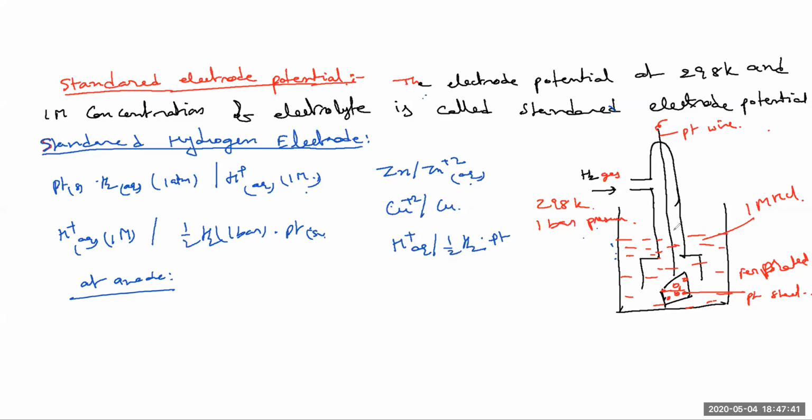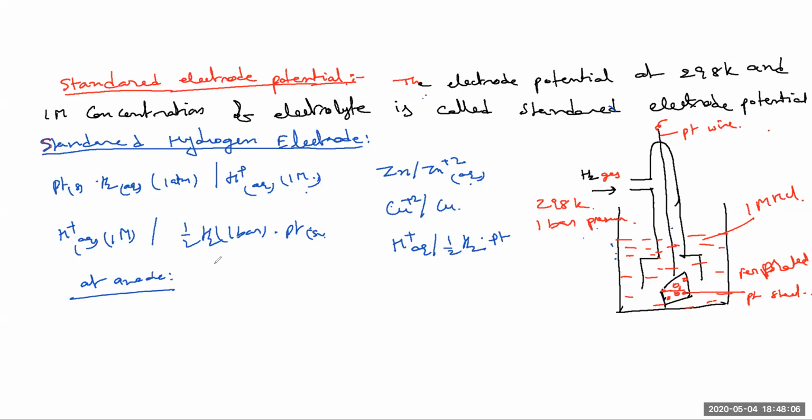Like carbon-12 isotope is used as a reference nuclide to determine the atomic masses of all elements in the periodic table, the SHE, standard hydrogen electrode, is used as a reference electrode to determine electrode potentials of all other electrodes in the electrochemical series.